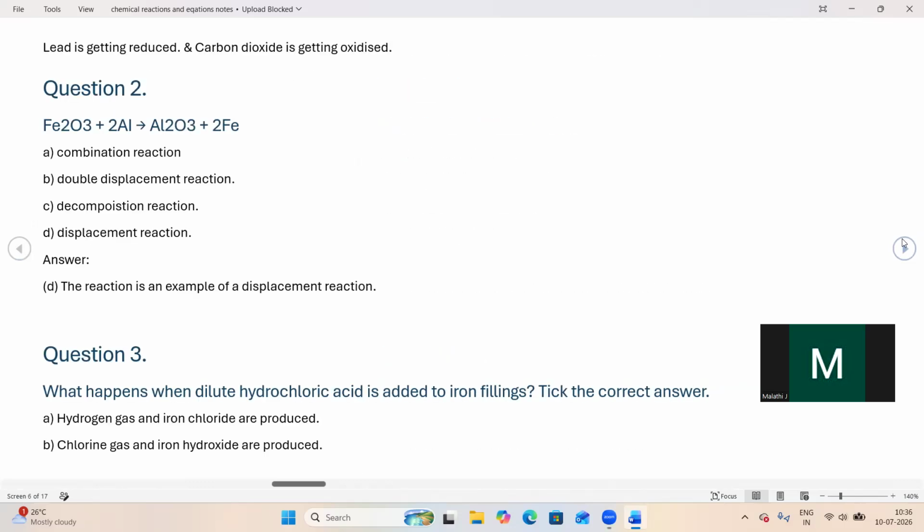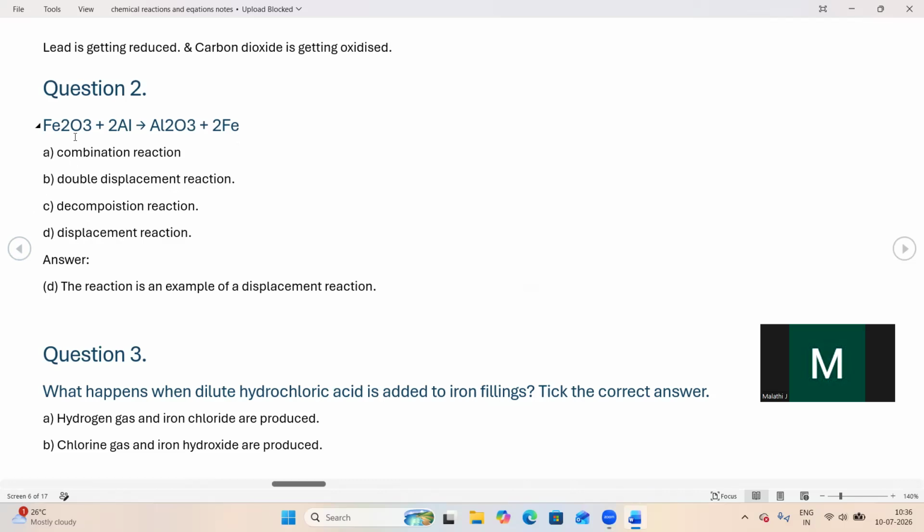Then the second question from your textbook. Fe2O3 plus Ag gives rise to silver oxide plus iron. Which reaction takes place here? Whether it is a combination reaction, a double displacement reaction, a decomposition reaction, or a displacement reaction.